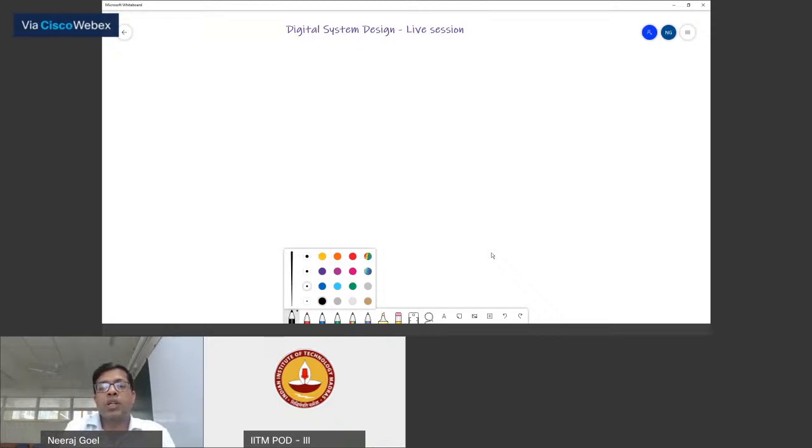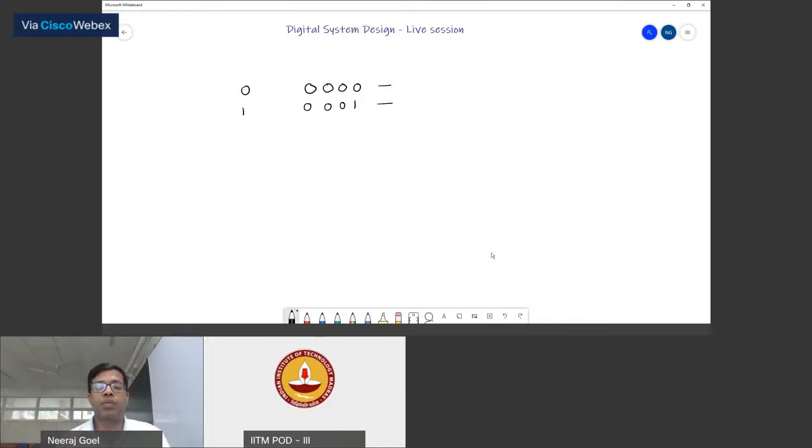There could be many such notations, but the most popular is, let's say this is called 0. Now to find 1, we write 0, 0, 0, 1. You see the consecutive numbers, only one bit is different, rest of the bits are same.